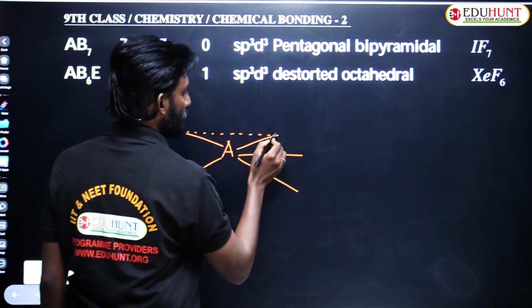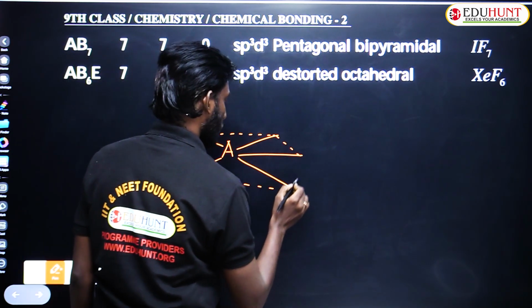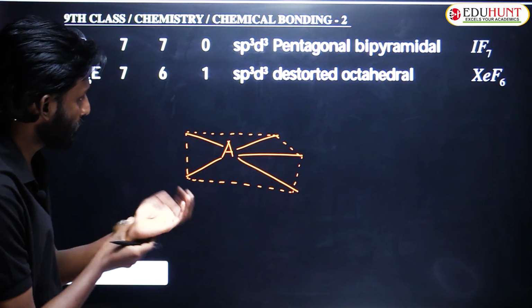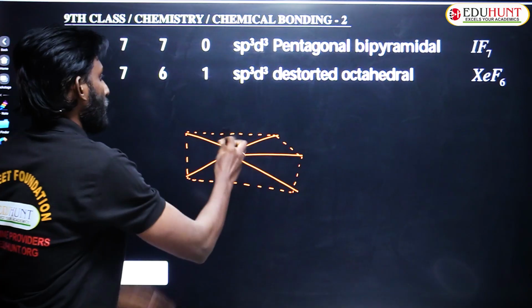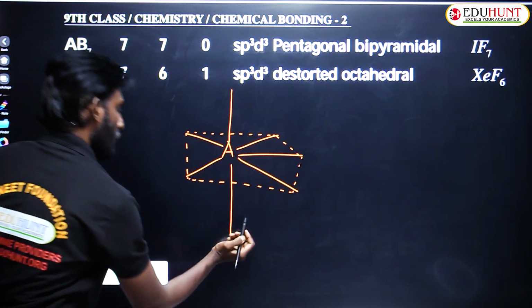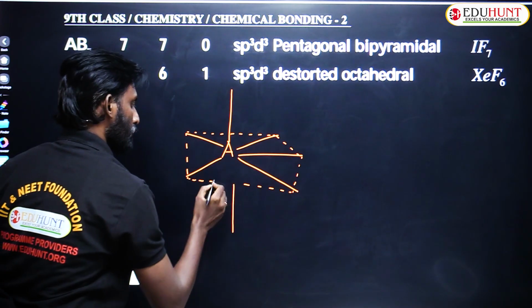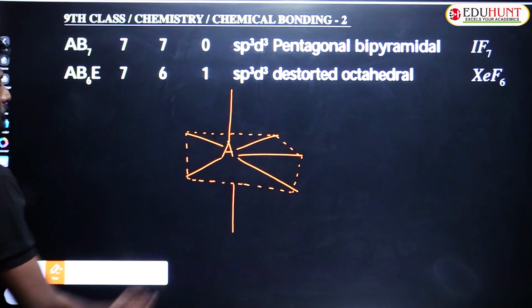This is pentagonal. Maybe you are looking at this on the board like this, but actually, it is like this. Bipyramidal. See, one pyramid to the top and one below, bipyramidal. Okay, pentagonal bipyramidal.